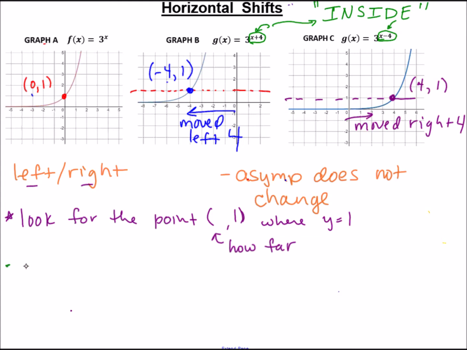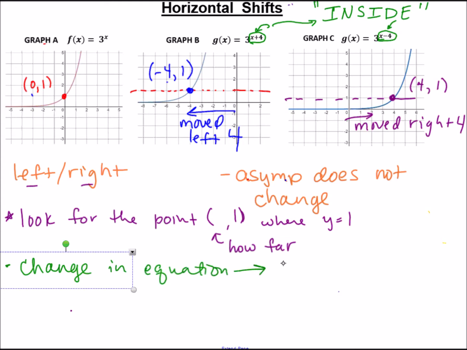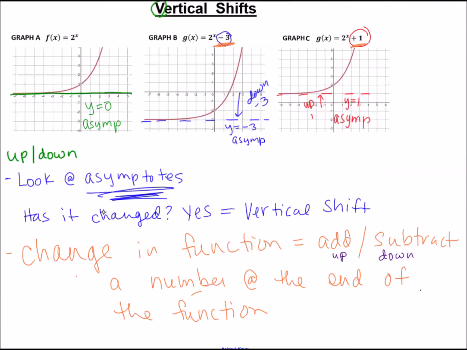So for the function, the change in the equation happens up in the power. It does not happen out in front like this other one back here. This one happens, you add or subtract the number at the end of the function.